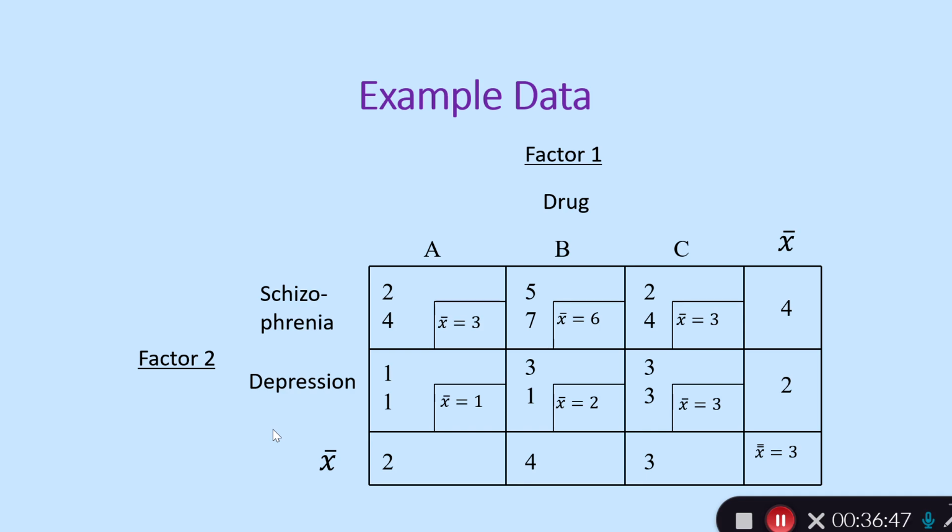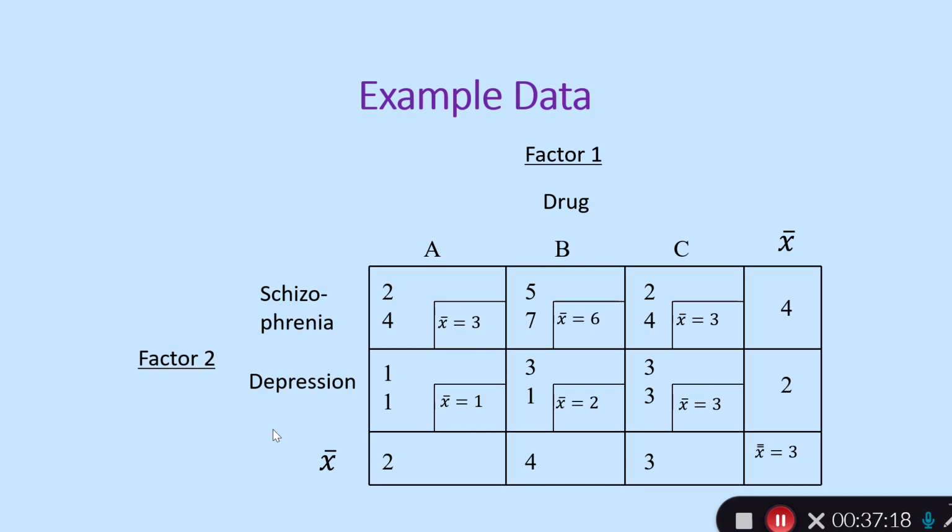And at the end of each of the rows, we've got the marginal means. So we've got the mean X bar for each type of diagnosis or type of medical problem. And you can see there for schizophrenics, the mean improvement was 4, and for depressives, if you look at X bar, the final column, the mean improvement score was 2. And the way that's worked out is quite simple.